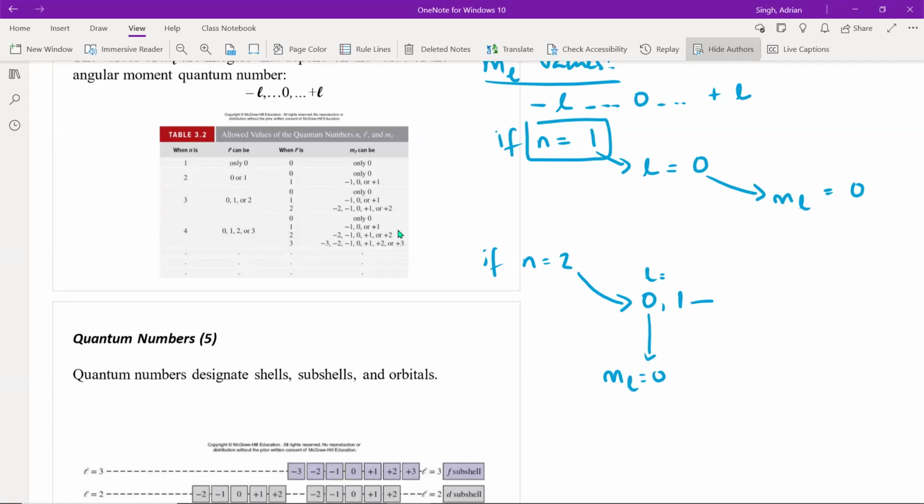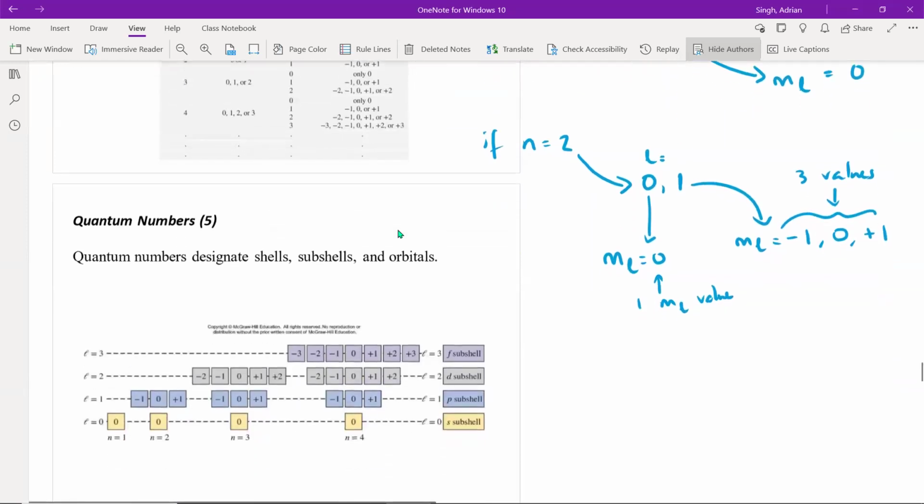But then for l equals 1, our m sub l values go from negative 1 through 0 to positive 1. And these are also integers, negative or positive. So we have 3 m sub l values, whereas for l equals 0, we just have 1 m sub l value.